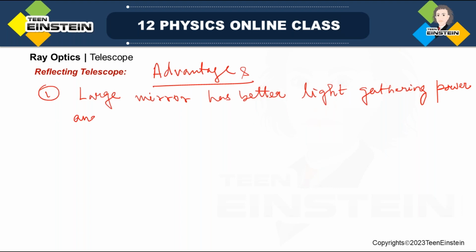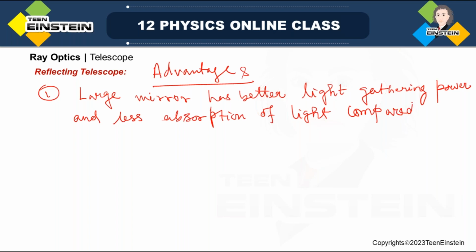And less absorption of light compared to a lens. So because of that, what happens?